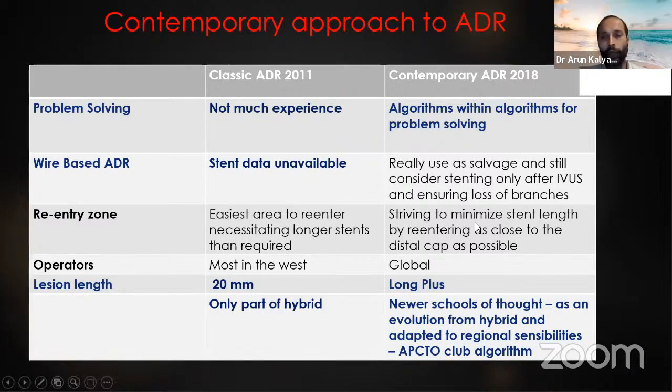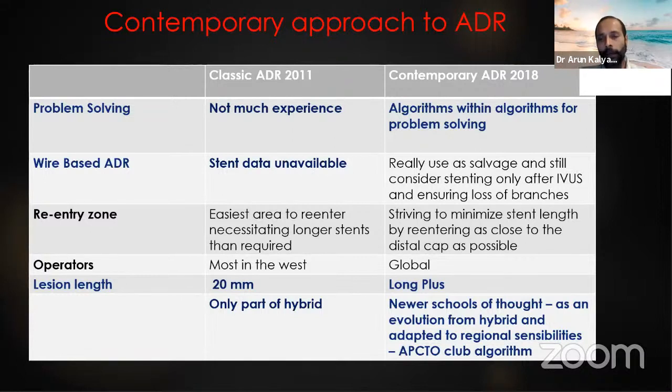And we do have good data on ADR, thanks to the colleagues in the UK. You have pretty good long-term results, at least intermediate term results, with subintimal stenting. Initially we used to just go to the easiest area for reentry.